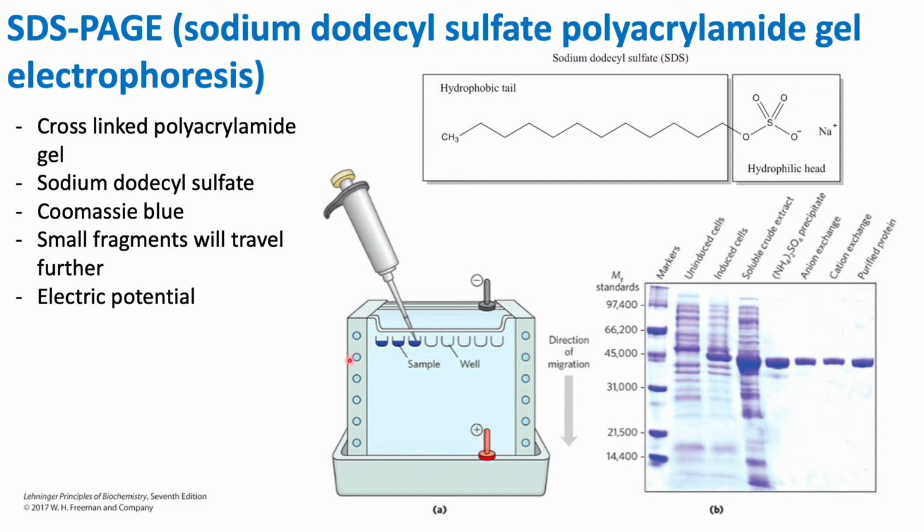Now, let's say we run SDS PAGE. We have this negative end and this positive end, so our negatively charged sodium dodecyl sulfate is going to move towards the positive end.